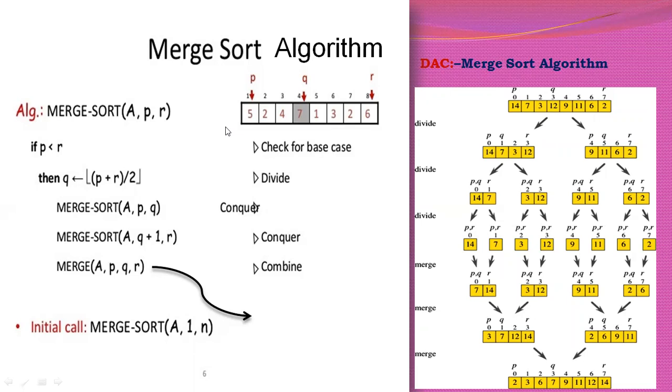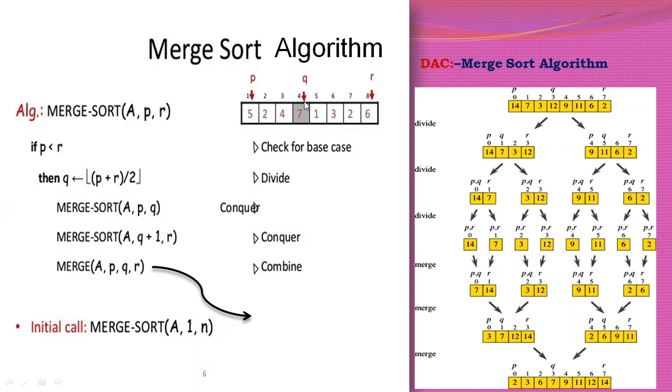Here, the first element in the array is considered as P. The last element in the array is considered as R. And we need to find the mid element.